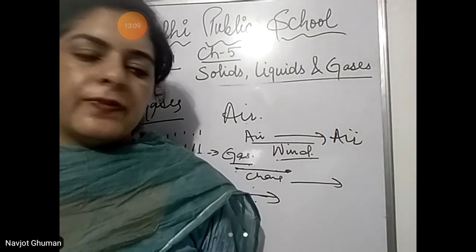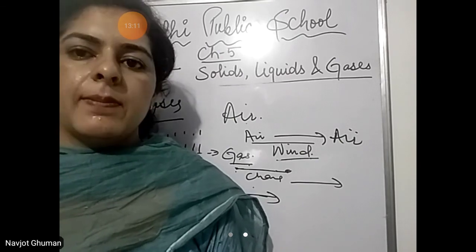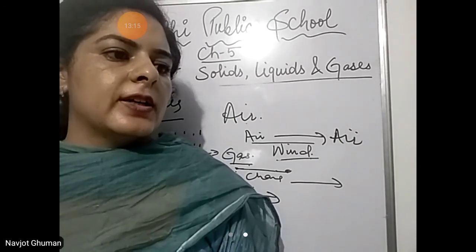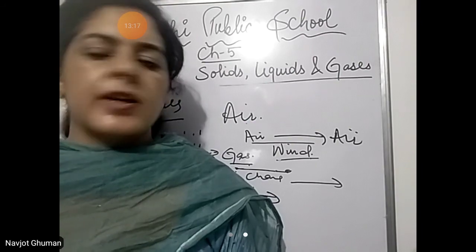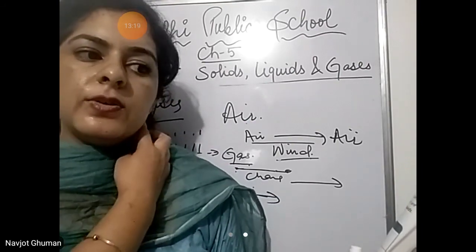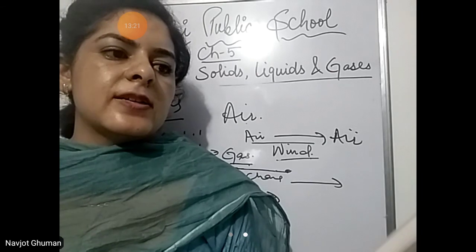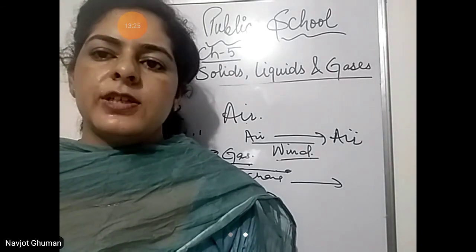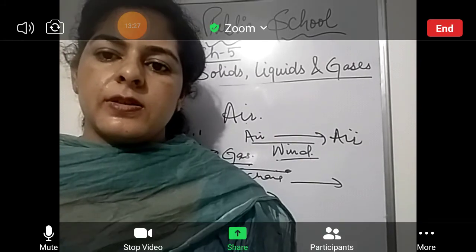Next, page number 51. Let's remember. Sort the following: write S for solid, L for liquid, and G for gas. So there are some pictures given to you. You have to write S in front of the solids, L in front of the liquids, and G in front of the gases. See the picture first.